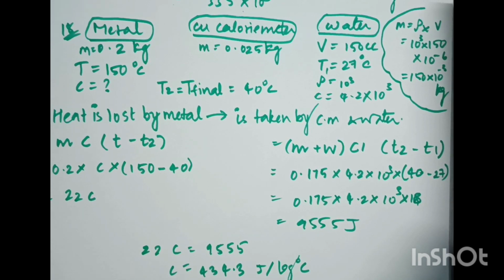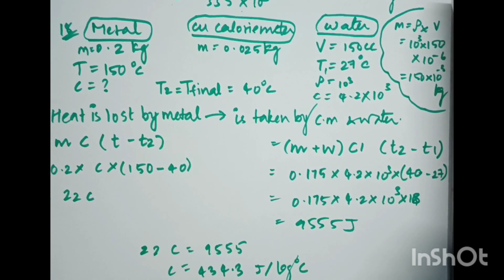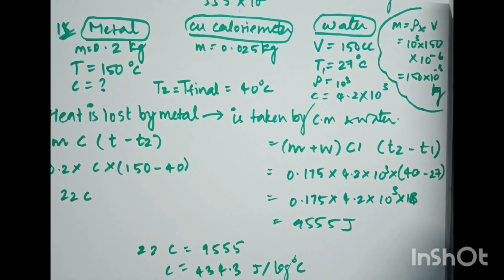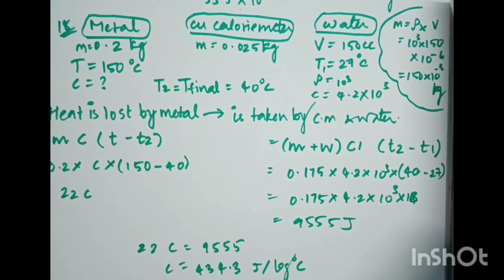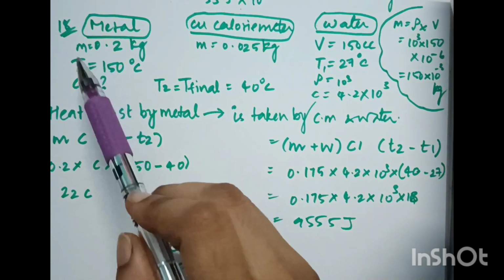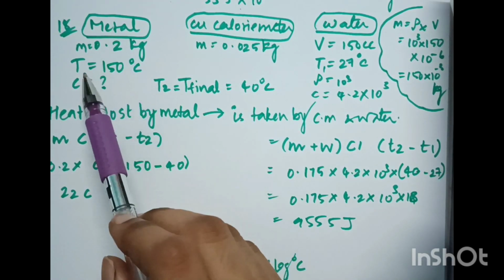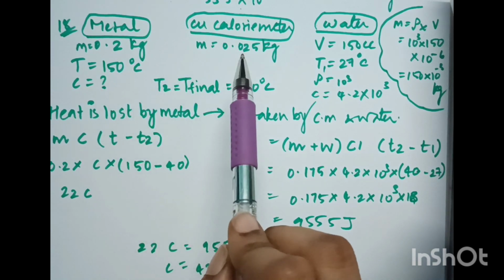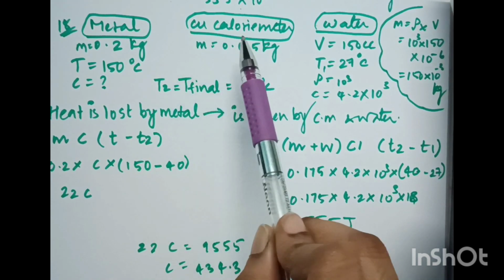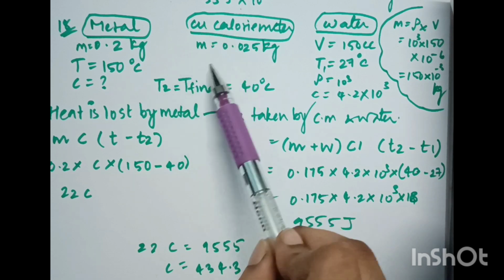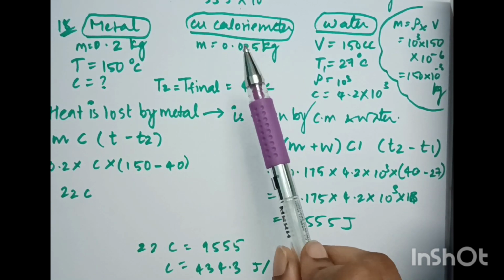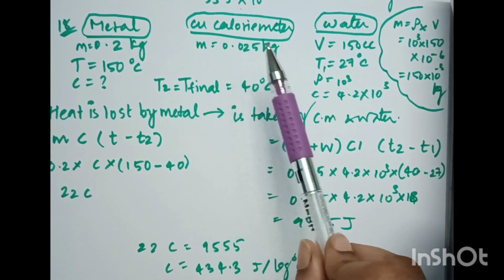So now please listen to the question. We have a metal, that is we have to find the specific heat of the metal. So this 0.2 kilogram of this metal, which is at higher temperature 150 degrees Celsius, is dropped into the calorimeter, and the water equivalent of the calorimeter is 0.025 kilogram. Let us see how we are using that water equivalent.